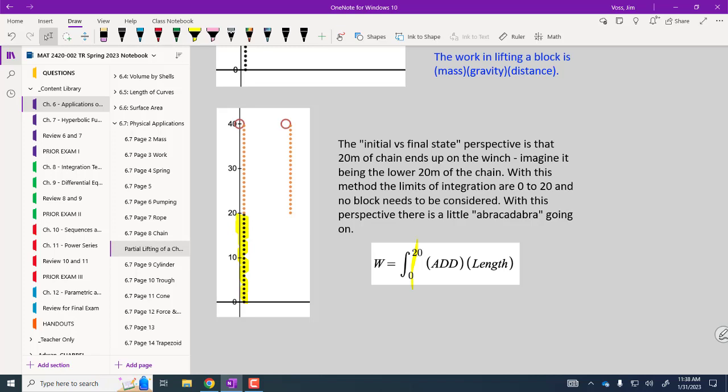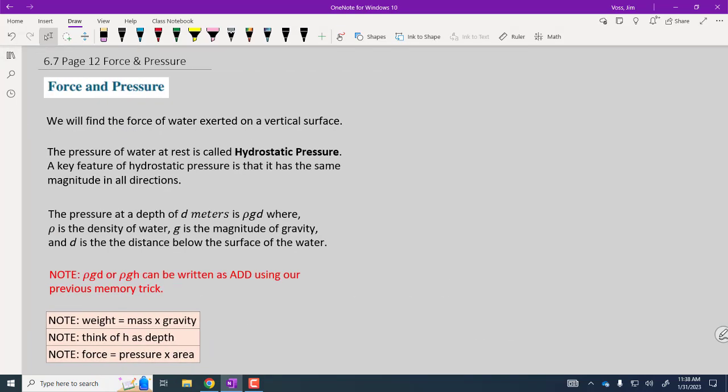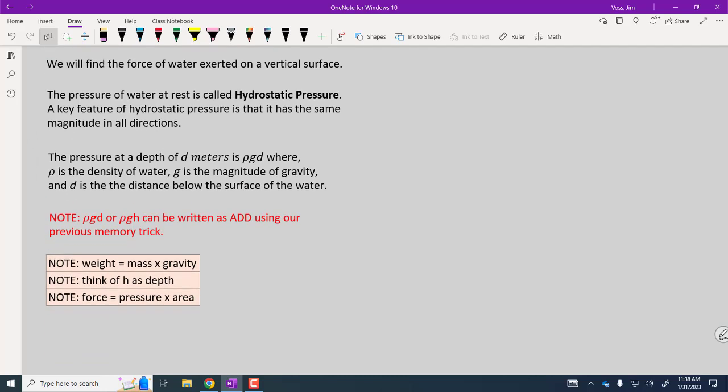Okay, so let's talk about the final piece of 6-7. We probably won't have time to do a full example, but we can at least talk about it. Hydrostatic pressure is interesting. When you go underwater, there is the same amount of force being applied to every point, right? You're getting it from all directions.